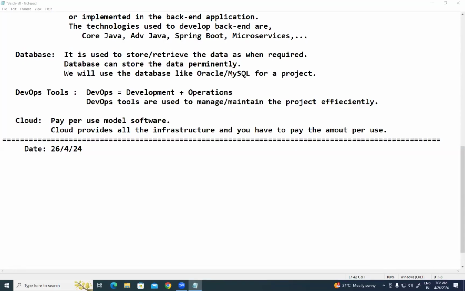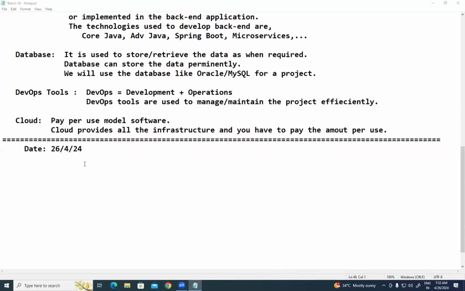How many modules are you taking? Core Java, Module 1. Okay, thank you. Just answering a question which is asked in the chat box.